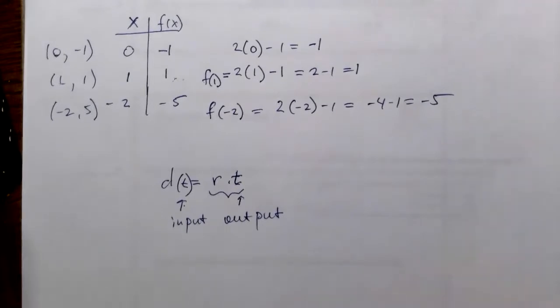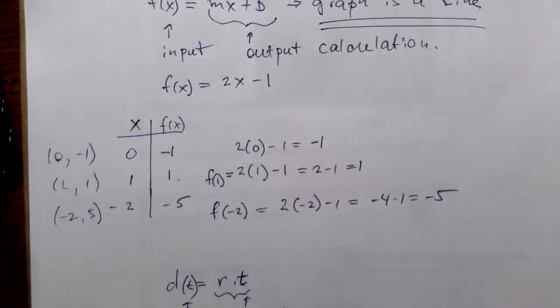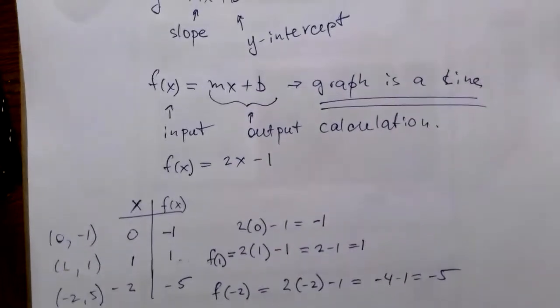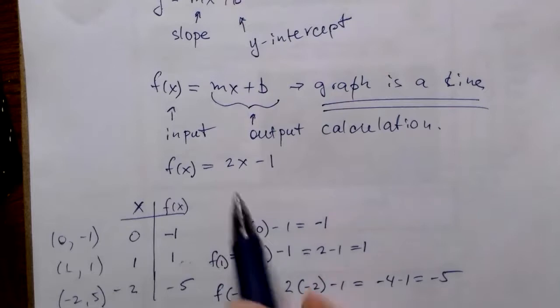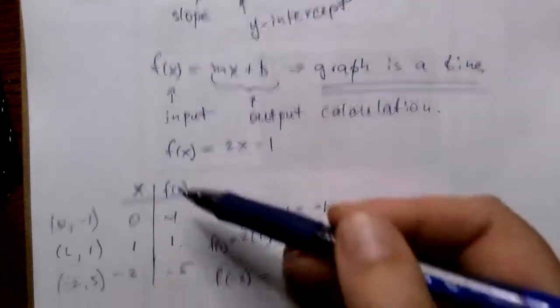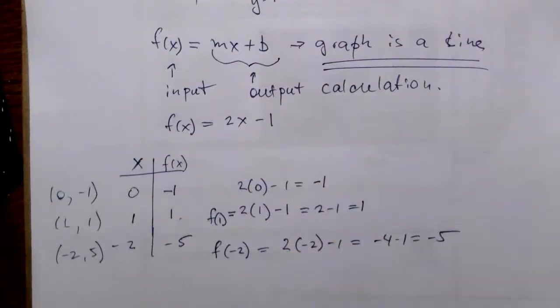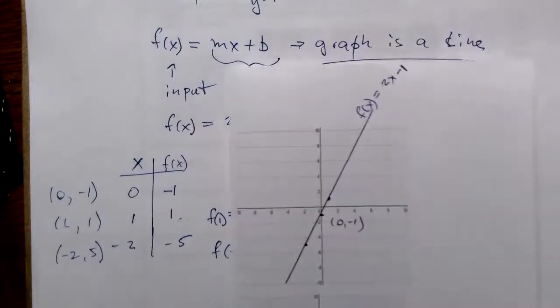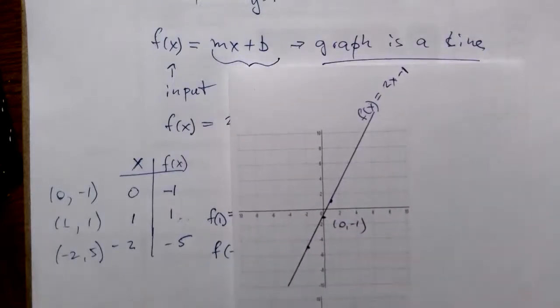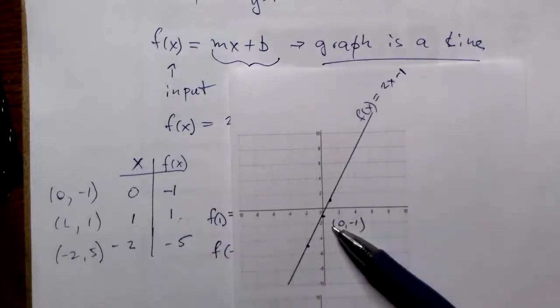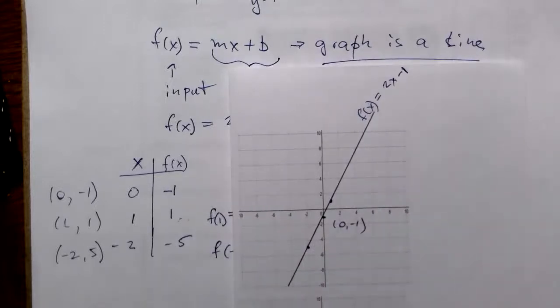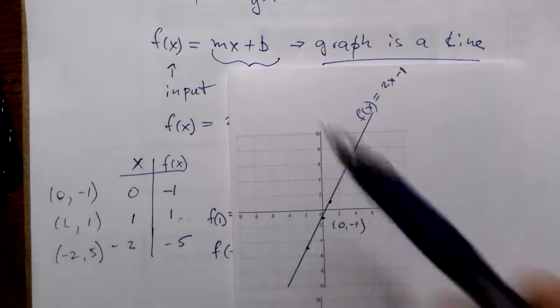Okay, so here what I wanted to mention is that your functions could be given in different forms, right? Here we have an equation, we have a table of values, and we have a graph. Your functions could be given in any one of these forms, and you should be able to toggle between those.